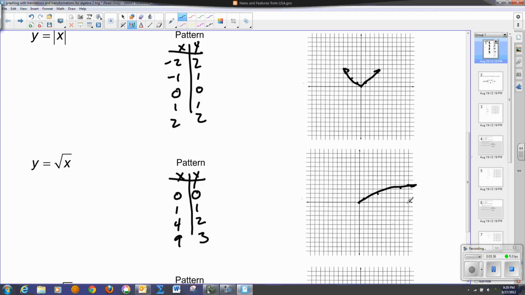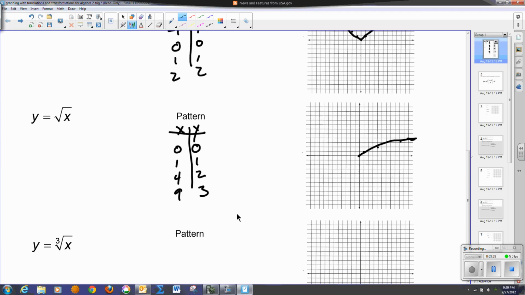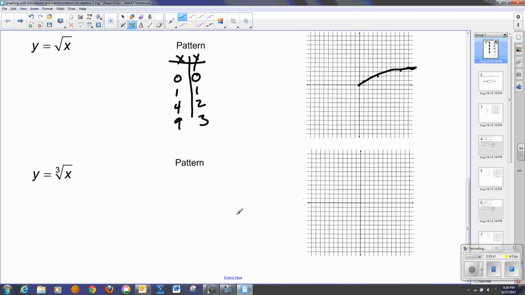All right, and let's do one more. Cube root of x. So we have to pick perfect cubes in this case in order to get some nice values to graph. So we'll go 8, 1, 0, -1, -8. Then I get 2, 1, 0, -1, -2.